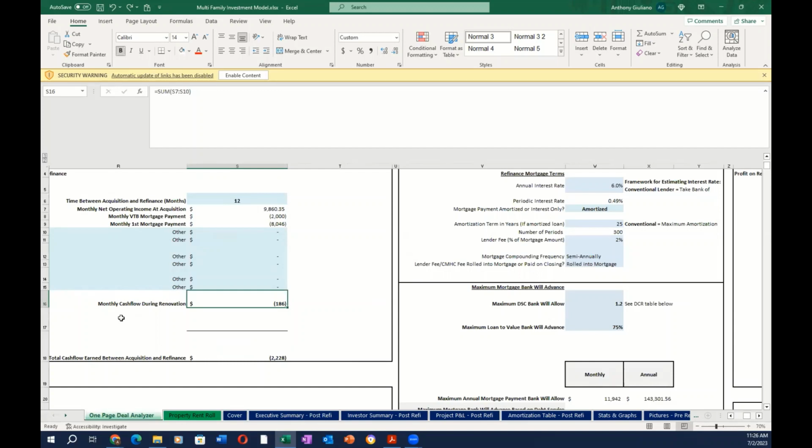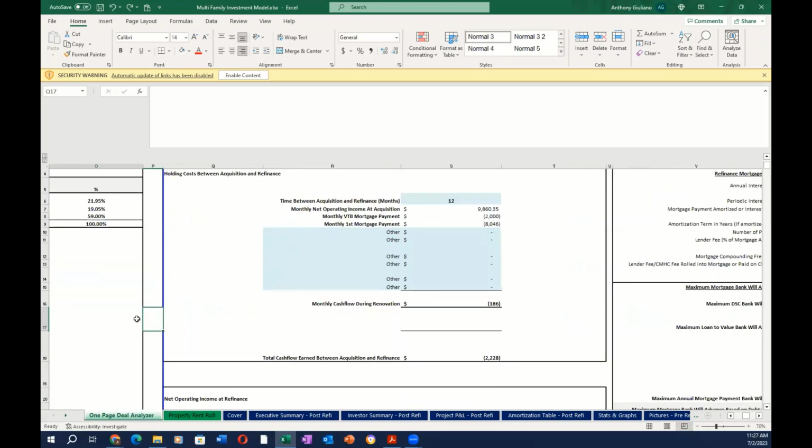So it's almost a break even during the hold period, which means our burn on the property is not substantial. And then what we have here is this monthly burn divided by the number of months that we are going to hold the property before refinance, and that'll get me my total negative cash flow over the term prior to refinance on the property.